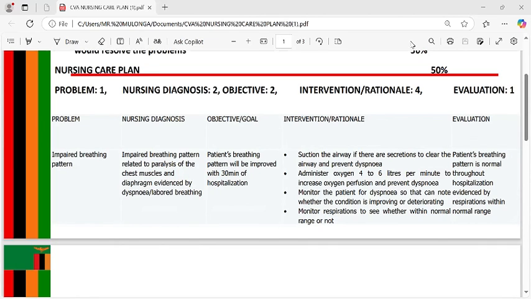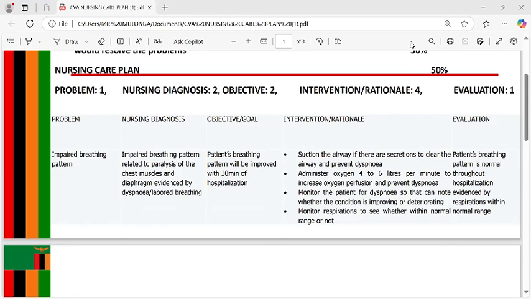Our other point is, I will monitor the patient for dyspnea so that I can note whether the condition is improving or deteriorating. How do we check that? We check that by monitoring the dyspnea, whether it is improving or worsening.